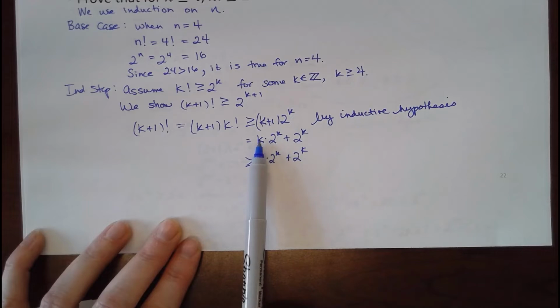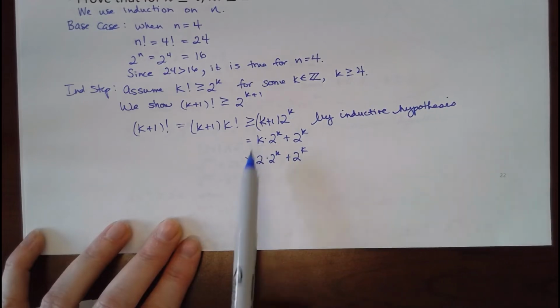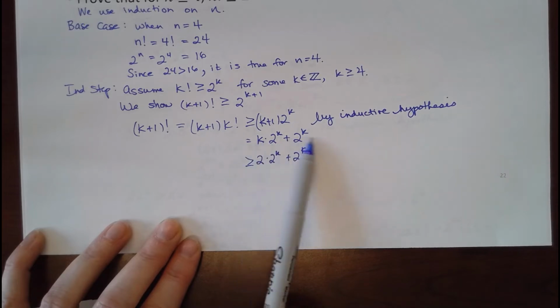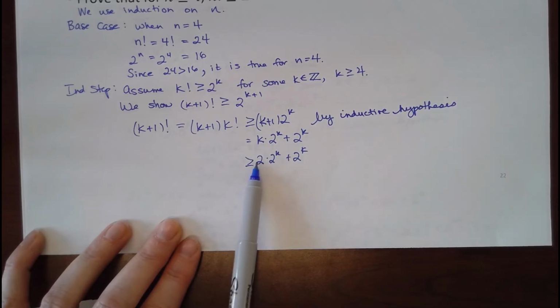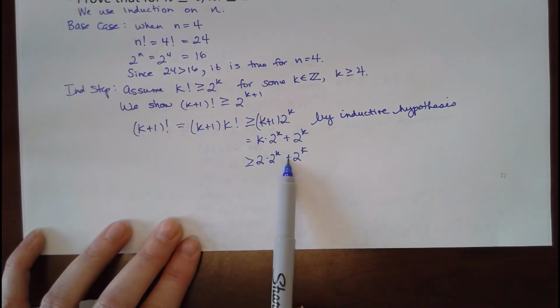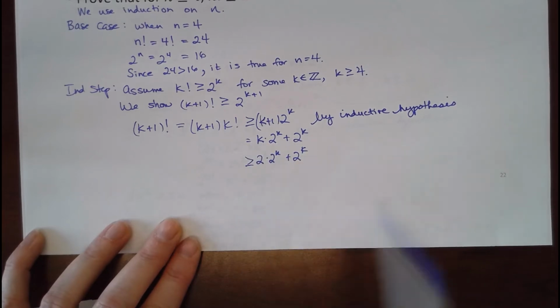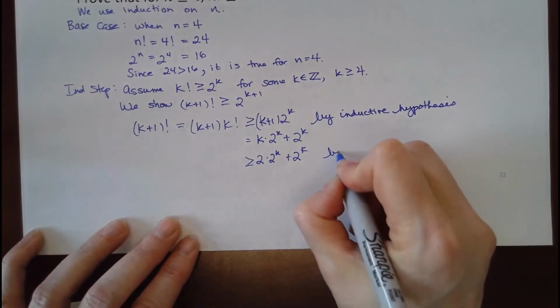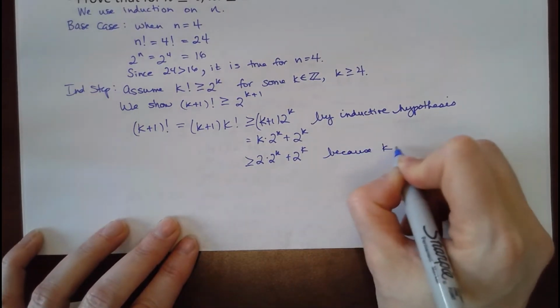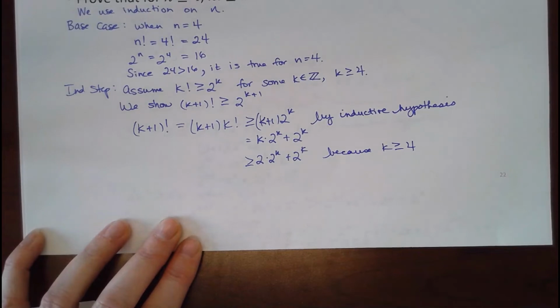So this is 4, or some number bigger than 4. If I take 4, or a number bigger than 4, and replace it with a number that's smaller, this one will definitely be bigger than that one, right? So this is because k is greater than or equal to 4.